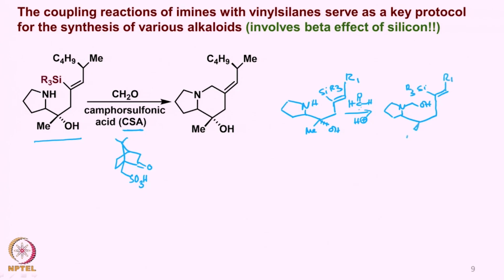Now in this case here is the methyl group. I will write it again, methyl group here. Now this again under the protic condition loses the proton, the OH group upon protonation, and that forms the intermediate of this kind here.